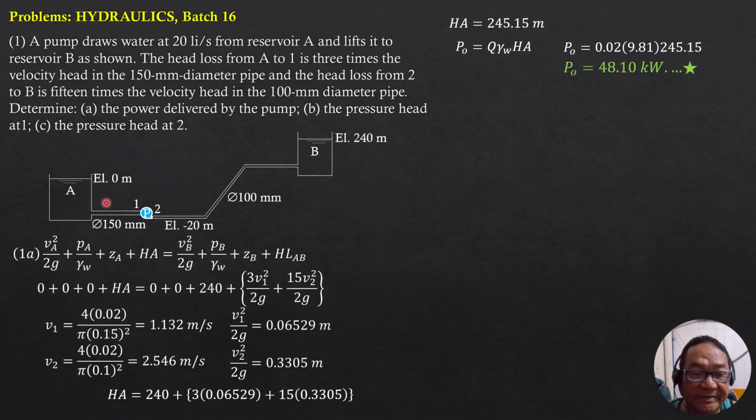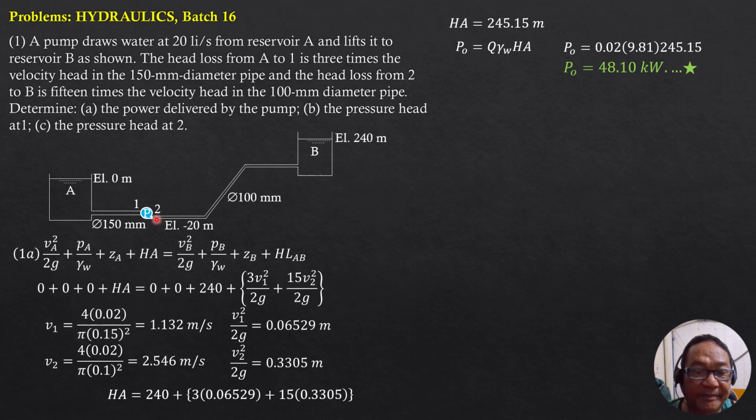To determine the pressure head at 1, we write the energy equation between A and 1. But you can also write the energy equation between point 1 and B. It may also be 1 to B. We cannot write the energy equation between 1 and 2 yet because there are two unknowns here, pressure head at 1 and pressure head at 2.